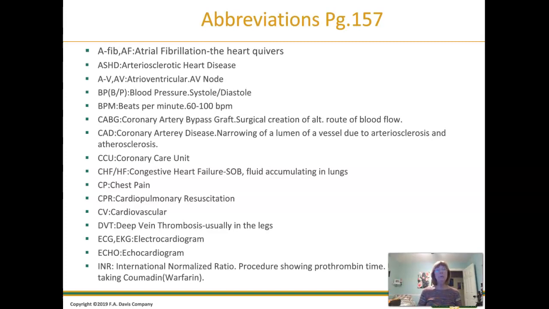DVT, deep vein thrombosis. This is a blood clot, and it's usually in the legs. And we read about how travelers sitting for long periods of time get a DVT, deep vein thrombosis.